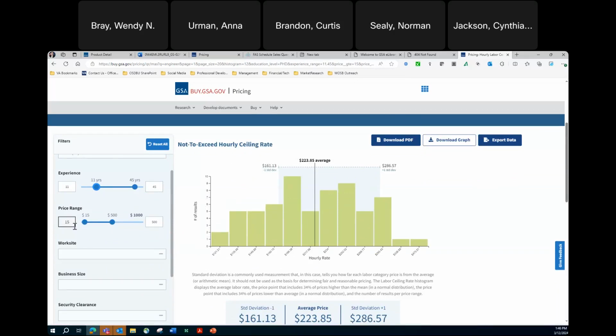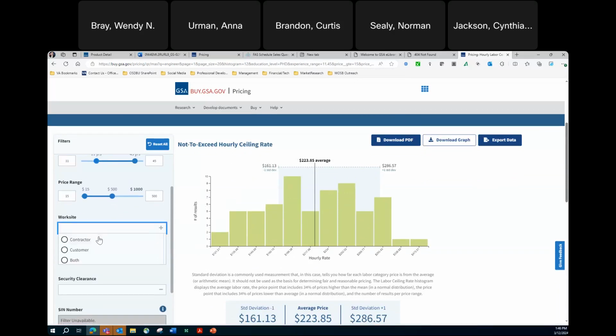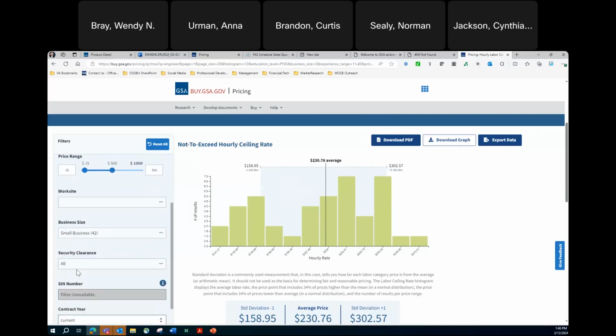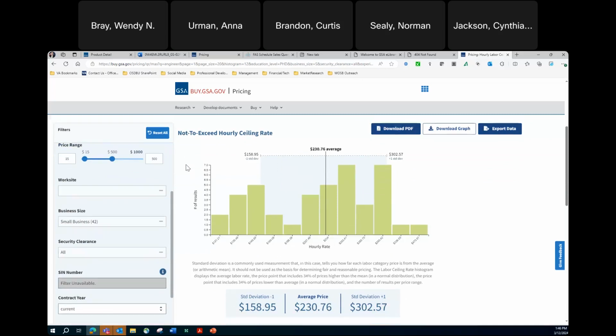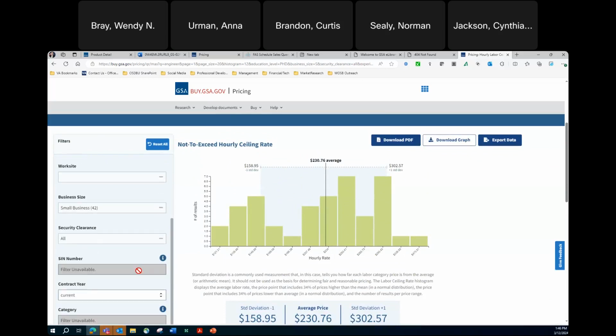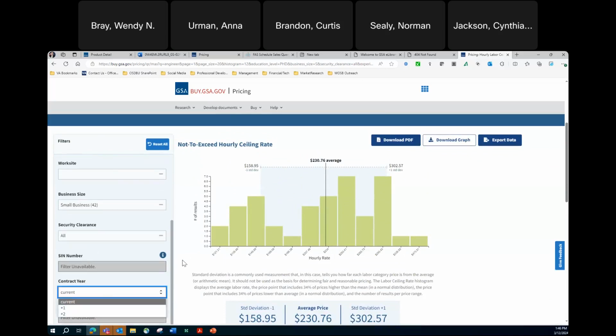That's more expensive. If I don't care where they work, from small businesses, that's even more expensive by a little bit. And if they have to be cleared, that should make it even higher. Oh, that didn't really change. Unavailable. Okay. And then if I want to look out a year or two to see those escalation rates.